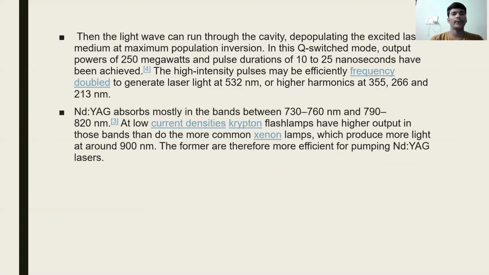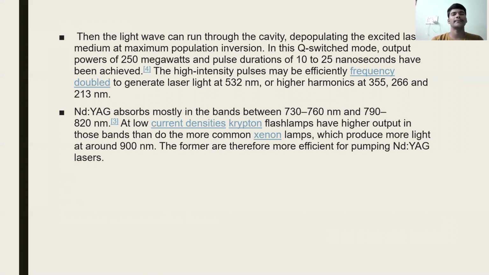Then the light wave can run through the cavity, depopulating the excited laser medium at maximum population inversion. In this Q-switched mode, output powers of 250 megawatts and pulse durations of 10 to 25 nanoseconds, a very short time, a fraction of a second, have been achieved.